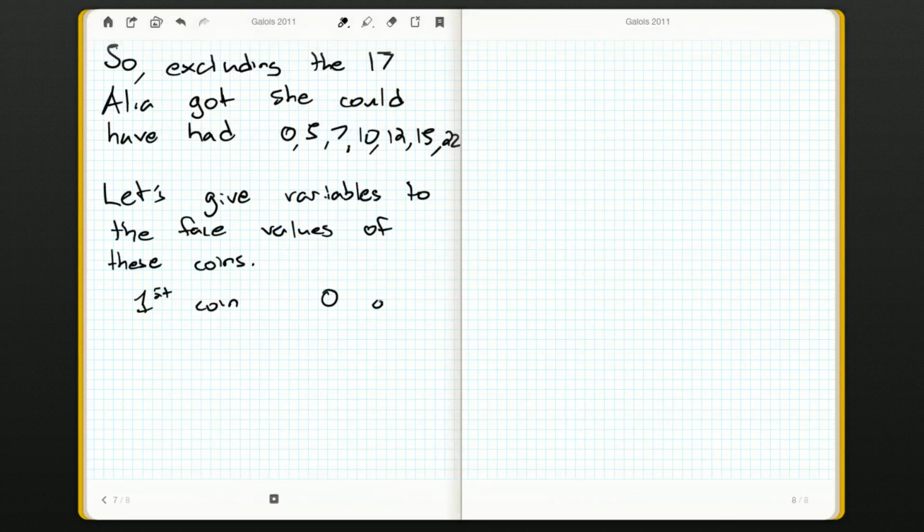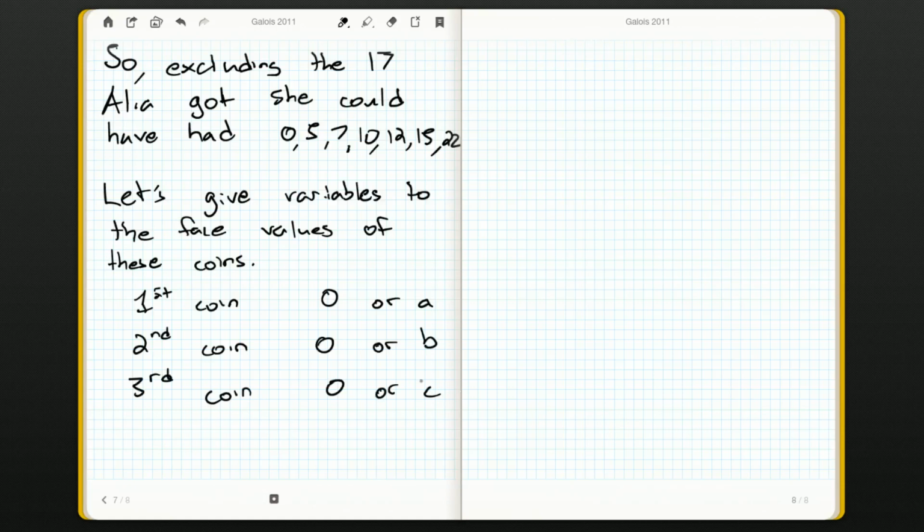So the first coin will have a 0 or A. You don't have to use A. You could use X, Y, and Z. You could use capitals. Doesn't really matter. The point is, we just have these nice stand-ins. These are the variables. We don't know exactly what they are.